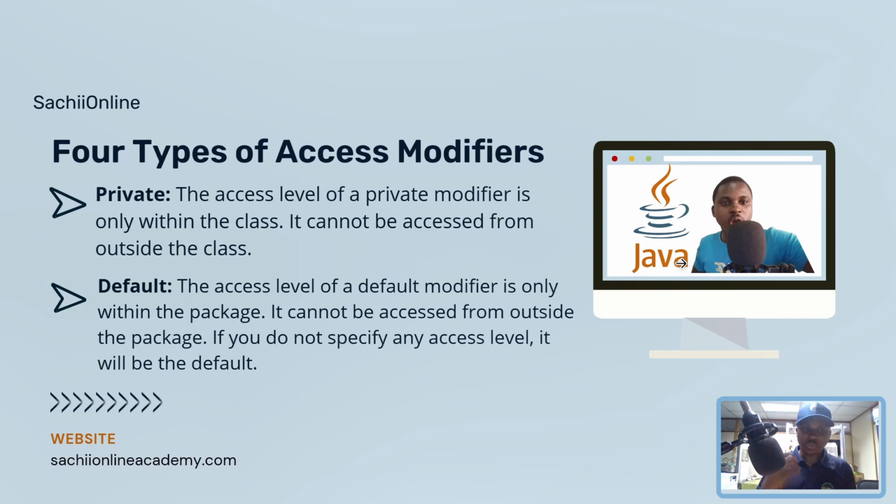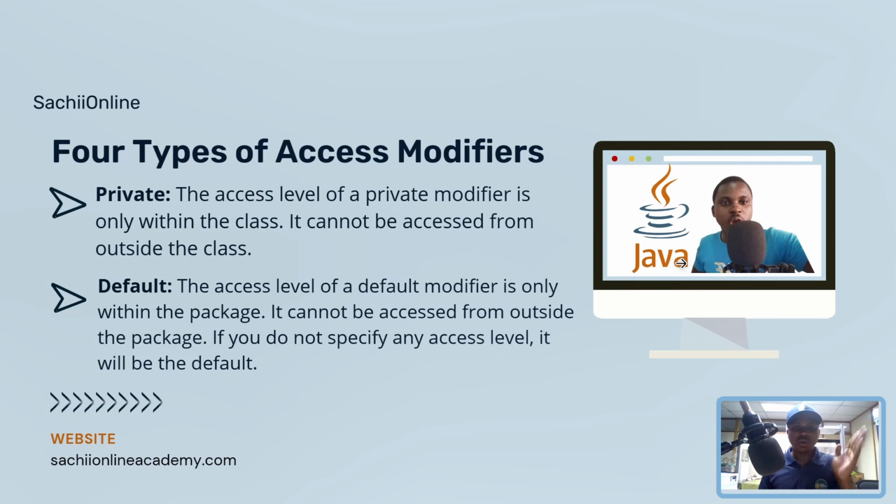So if it is private, the access level is only within the class, which means any other method or anything else which wants to access that field must be in that class. If it is a method, it must be in that class for it to access the private field.